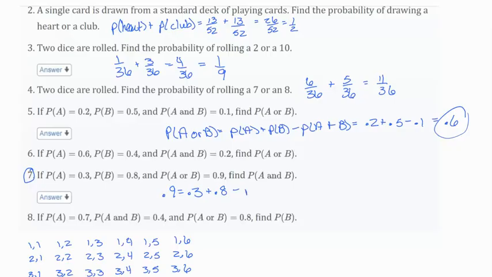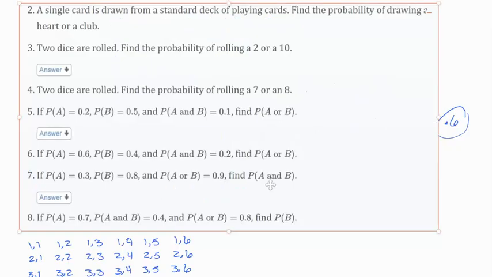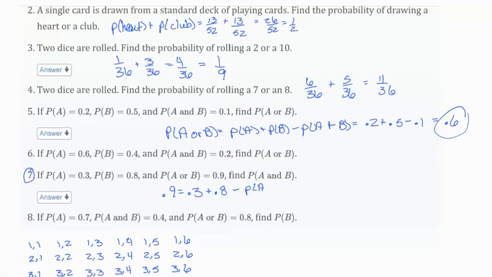And we want to know the probability of A and B. So I just plugged what I knew into this formula, and now I've got this little mini equation to solve. So 0.3 plus 0.8 is 1.1. So let's subtract the 1.1 from both sides. 0.9 minus 1.1 is negative 0.2.